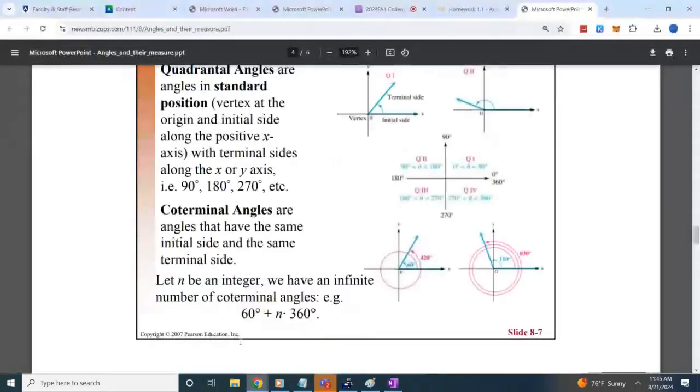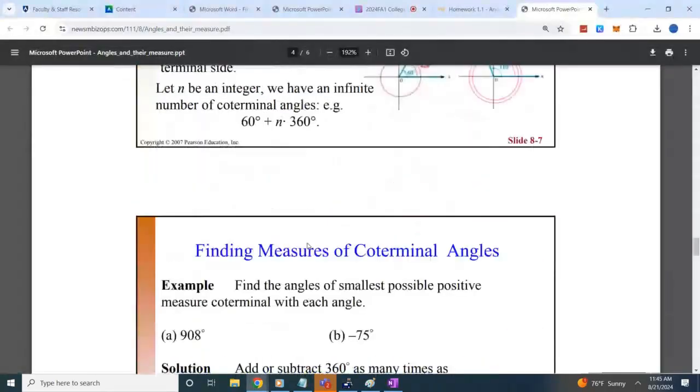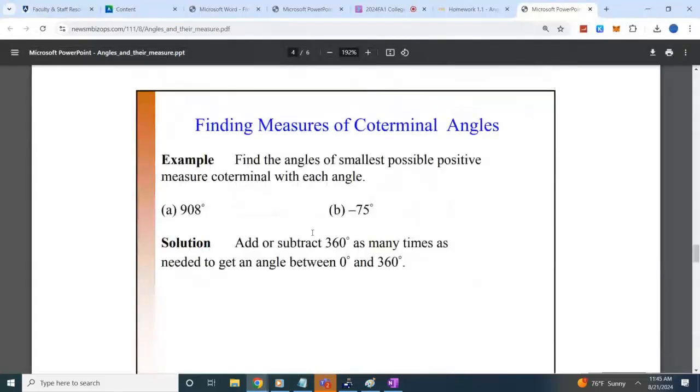So let's take a look at an example. Okay, these two. We're asked to find the smallest possible positive measure coterminal angle for each one of these. I have a 908 degree angle and a negative 75 degree angle.